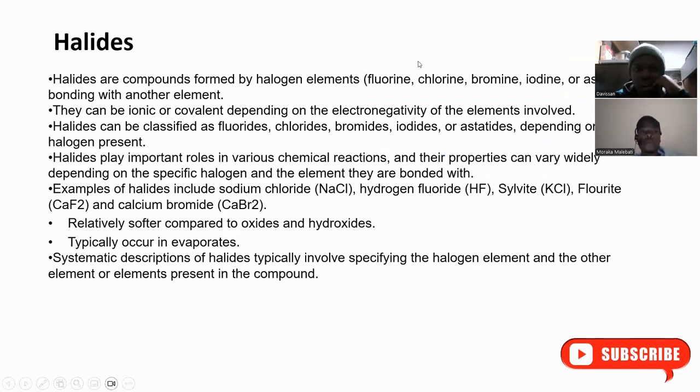So the halides are compounds formed by halogen elements like fluorine, chlorine, bromine, iodine, or astatine, and then you bond that with another element. They can be ionic or covalent, meaning there can be a transfer of electrons or a sharing of electrons, depending on the electronegativity of the elements involved.